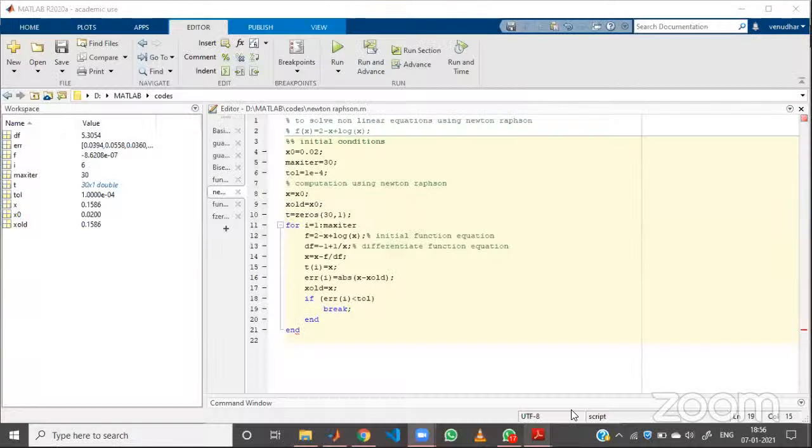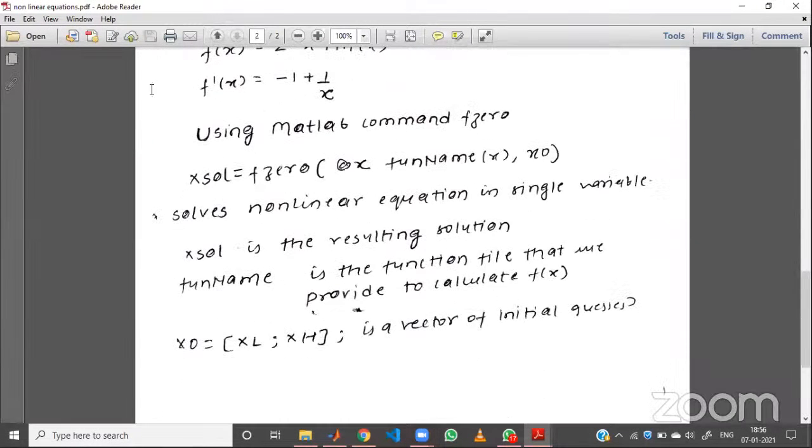We have one MATLAB command known as fzero, which we use to solve nonlinear equations. Using the MATLAB command fzero, we can directly get the value of x without writing any code. It solves a nonlinear equation in a single variable.